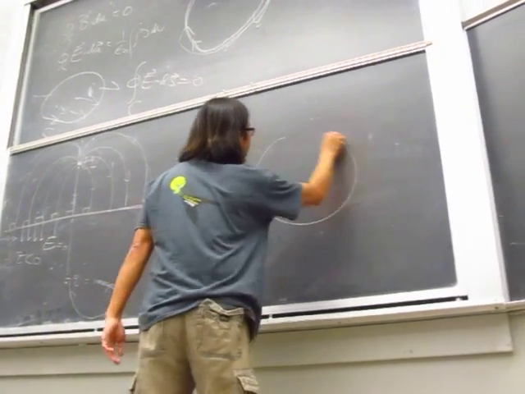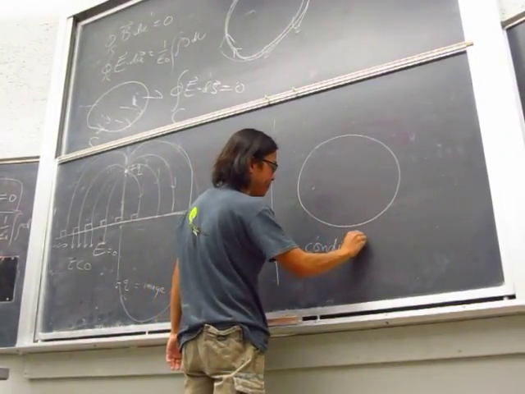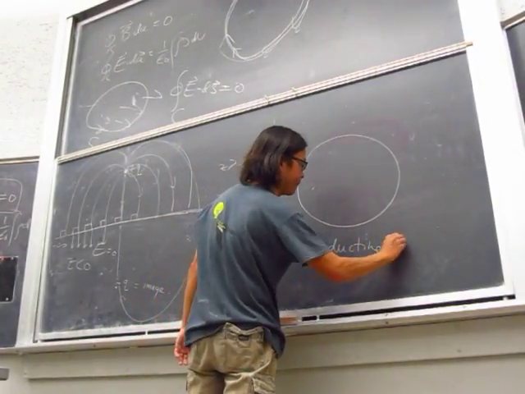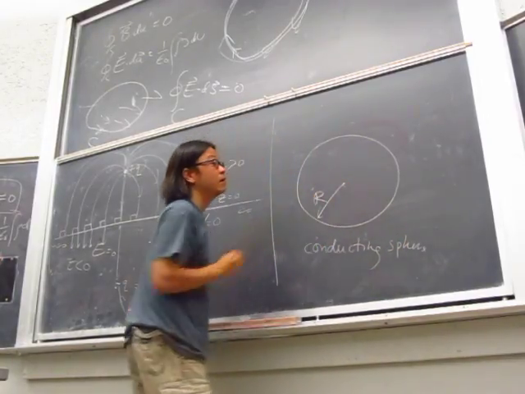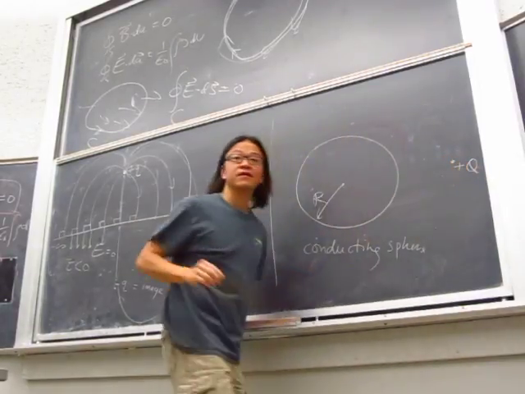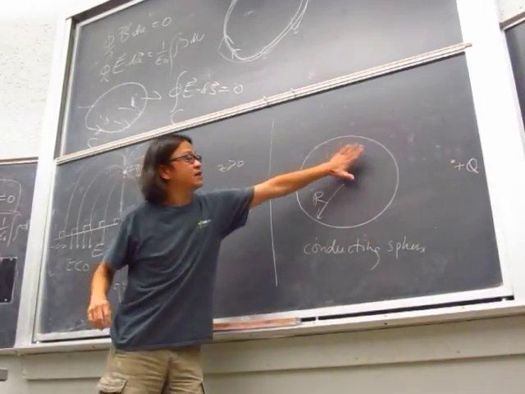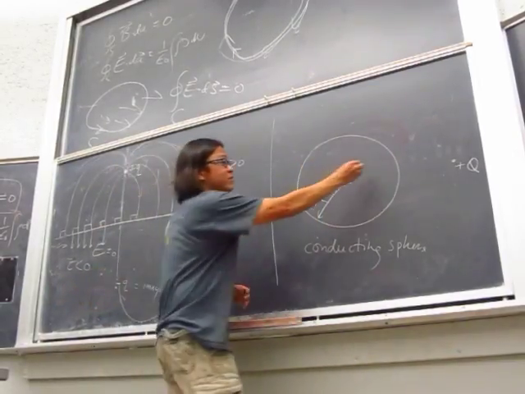Suppose I have a sphere, a conducting sphere of radius r, and I put a plus Q here. What is the distribution of charges on the conductor? We know that it will be polarized like that.